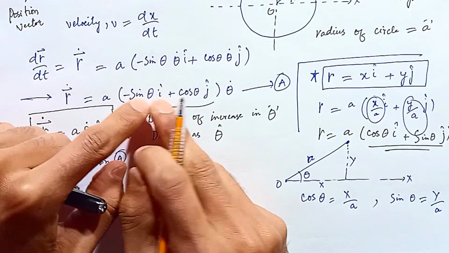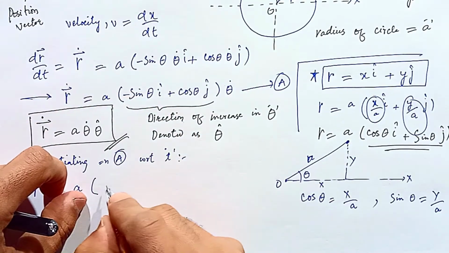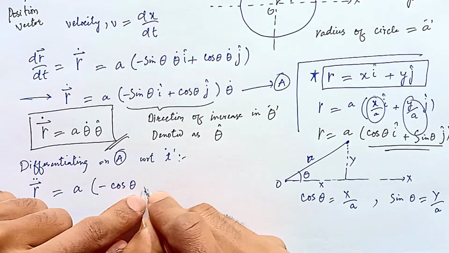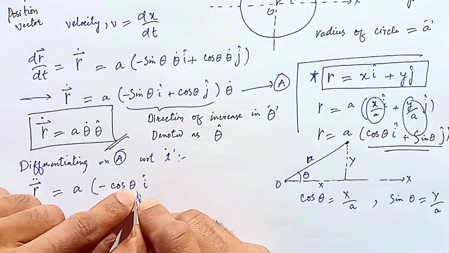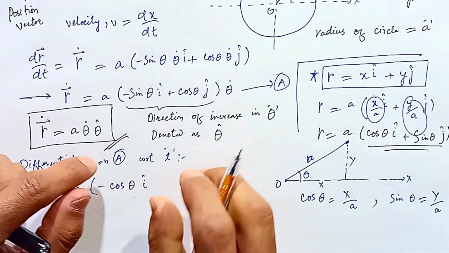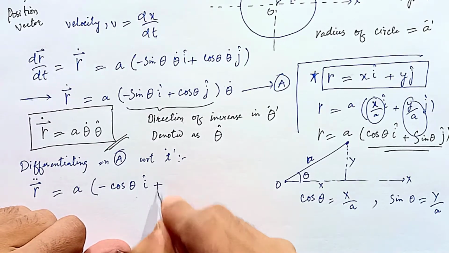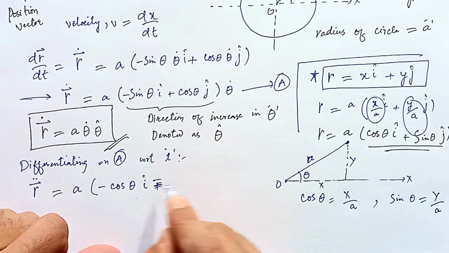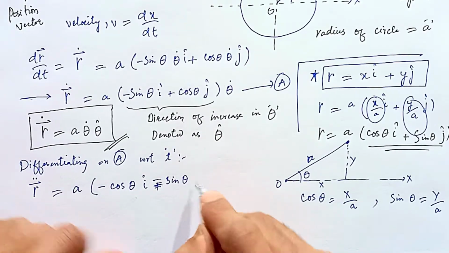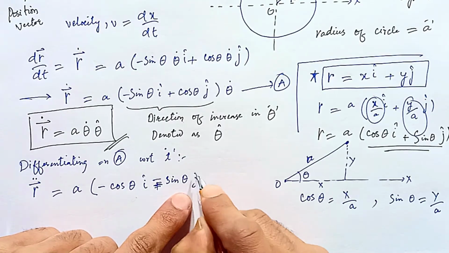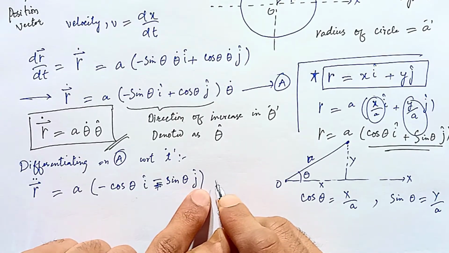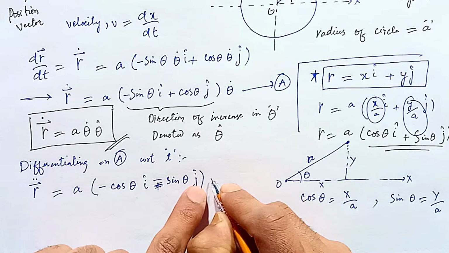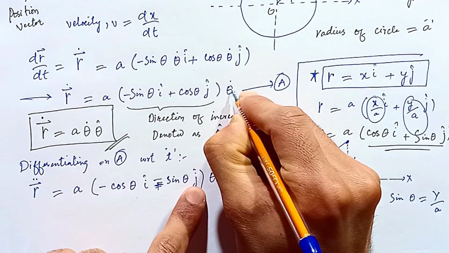We get minus cosine theta i, but I'm not writing theta dot here because it will come outside. Plus cosine of theta, whose differentiation is minus sine, so it becomes minus sine of theta j, again keeping theta dot outside the brackets.